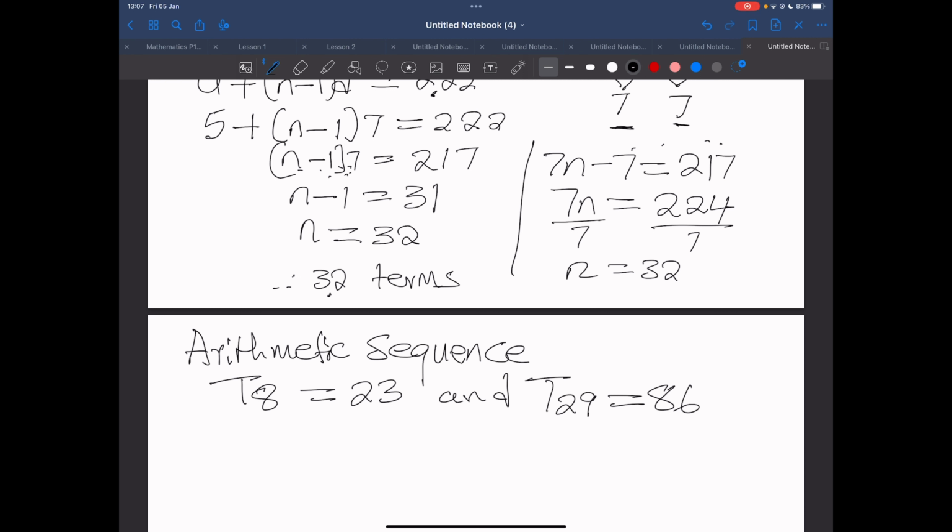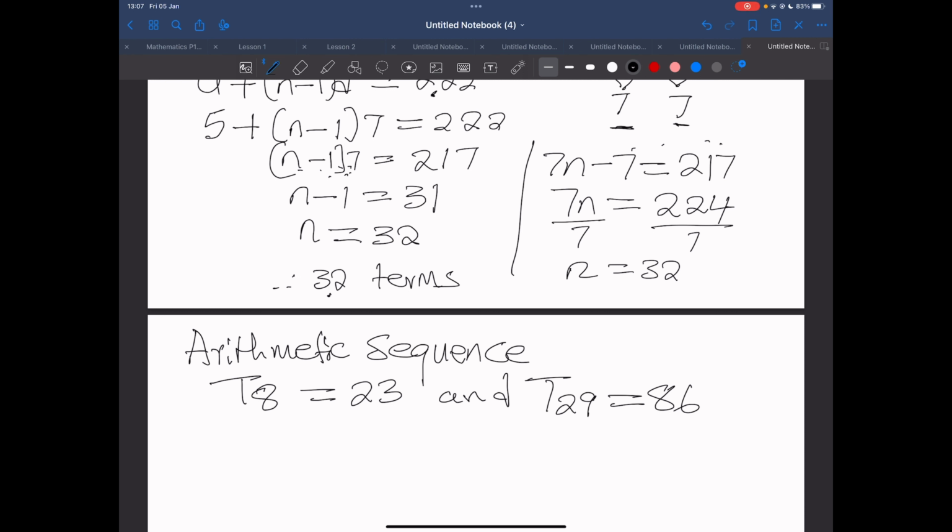So in other words, we can take equation 2 and subtract equation 1. a minus a is 0, 28 minus 7 is 21d, and 86 minus 23 is 63. So in other words, 21d equals 63.